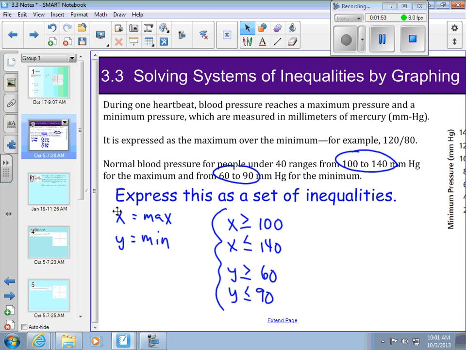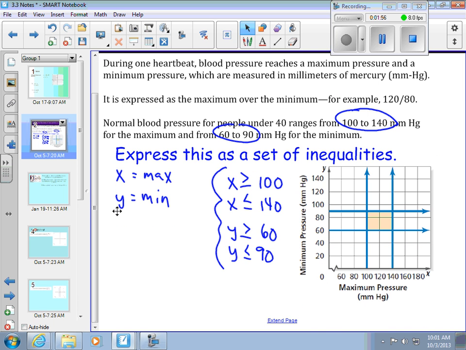If you graphed that out then, as you can see in your graph on your note sheet, the maximum pressure would be given by these lines. These would be horizontal and vertical lines. Any of these graphed with x, so these two, when graphed, would be vertical lines, because they're x equals ones, and these would be horizontal lines, because these would be the y-intercepts and the slope is 0.